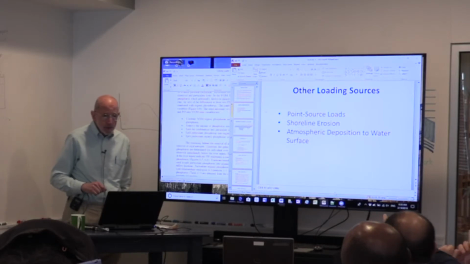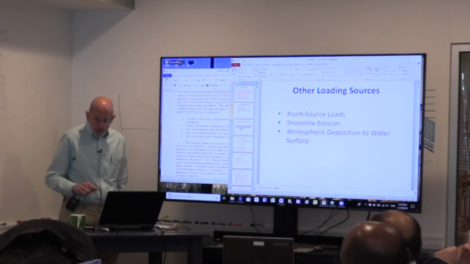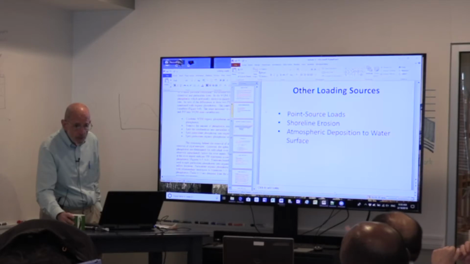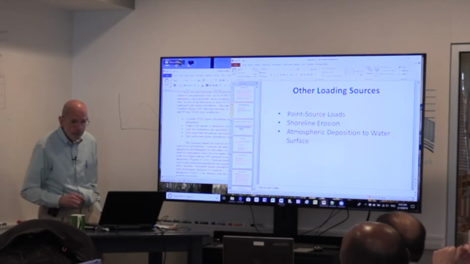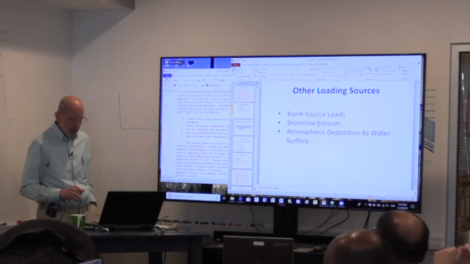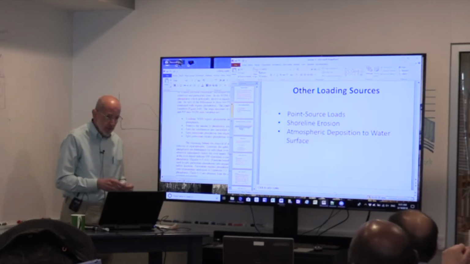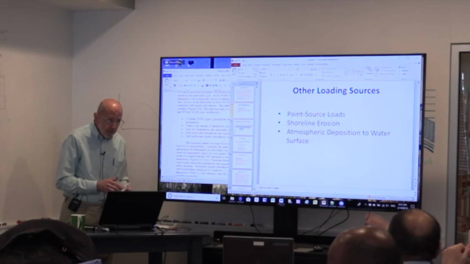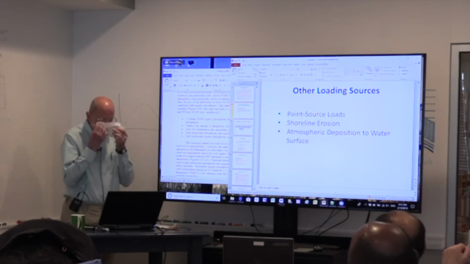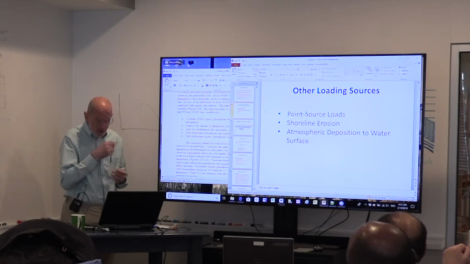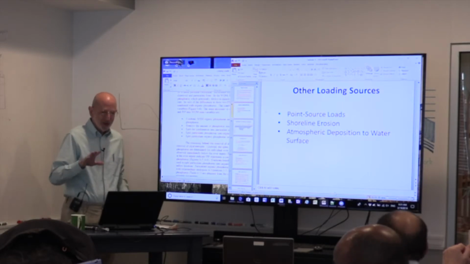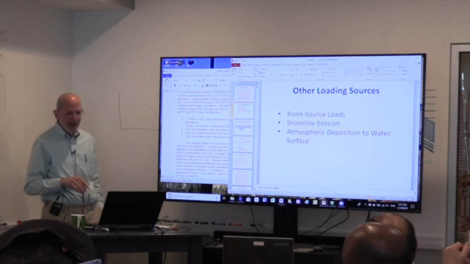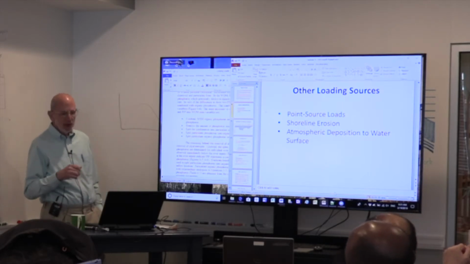So the atmospheric deposition to water surface, does it apply to CNP or only nitrogen? Everything, yeah. I know EPA has a monitoring network. As I say, it's just a black box to me. But they don't pull it out of the air, right?